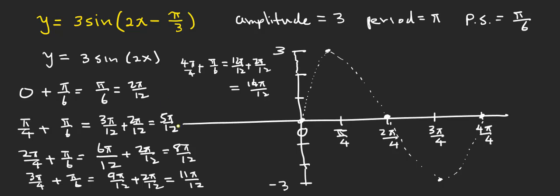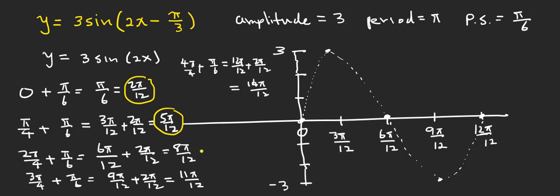Let's make pi over 6 as 2 pi over 12. Since all the values have a denominator of 12, I like to change these values with the denominator of 12 as well. So using our new values, 2 pi over 12, 5 pi over 12, 8 pi over 12, 11 pi over 12, 14 pi over 12, we could find 5 key points.